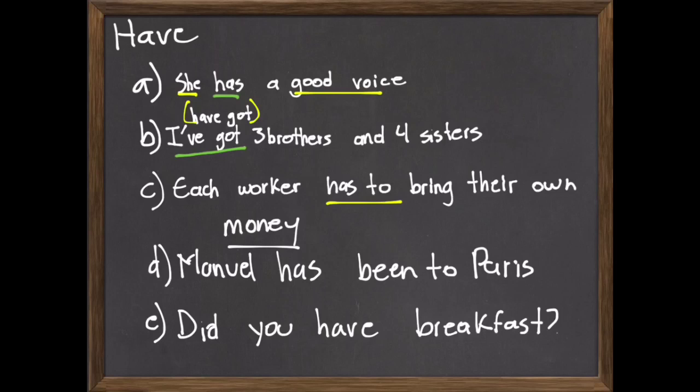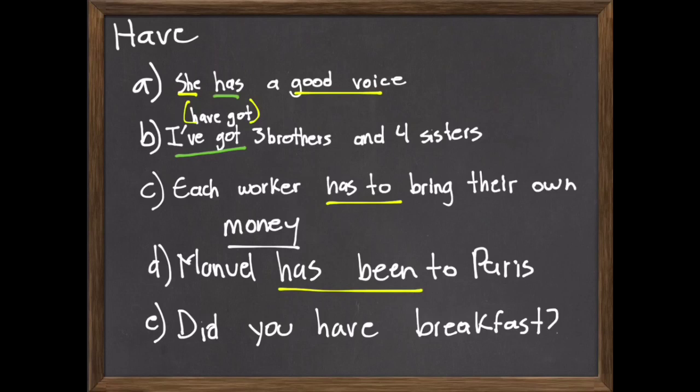Another example would be Manuel has been to Paris. Has been is what we will call the present perfect. We will look at it in more detail in this video, but the present perfect is used for activities that have happened in the past, but at a non-specific time, and they can still be going on right now.